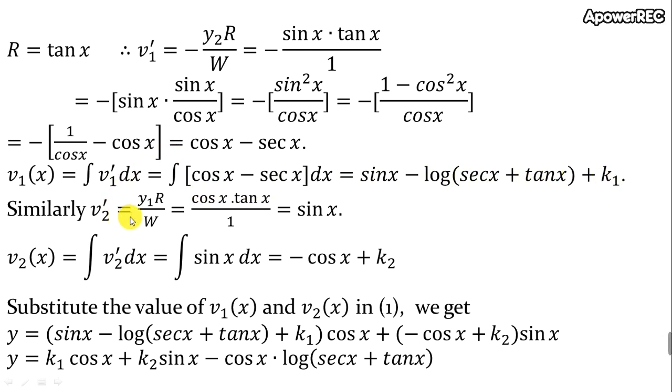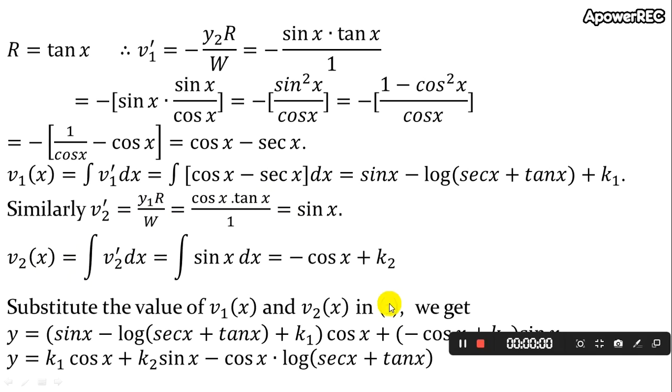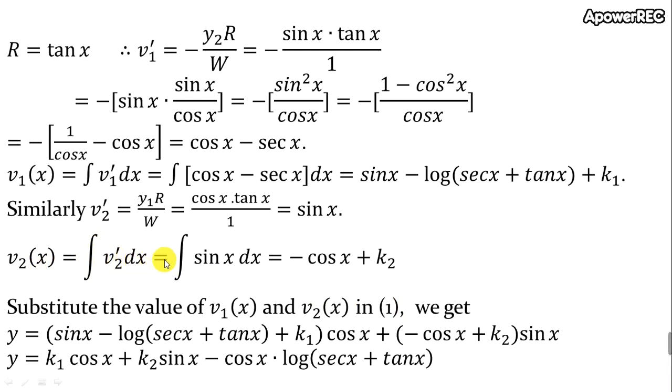Similarly, v2 dash is equal to y1 into R divided by capital W, which equals cos x into tan x divided by 1, which is nothing but sin x. v2 of x equals the integration of v2 dash dx, which is the integration of sin x dx, which is nothing but minus cos x plus k2 as an integrating constant.